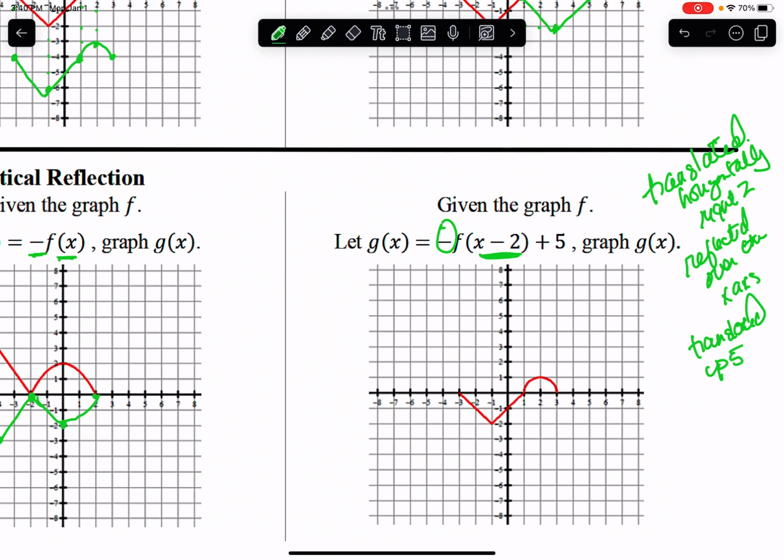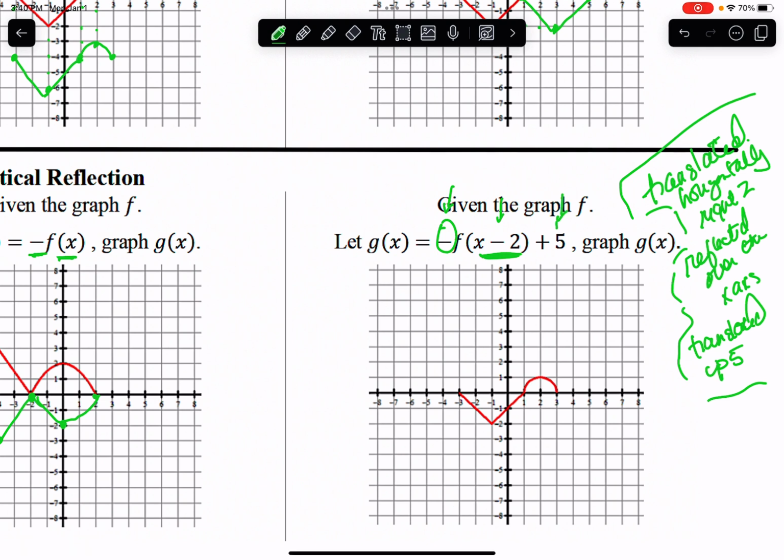Let's make sure that you follow. If it's not specified, sometimes they tell you a different order they want you to do it in. But the order would be order of operations, where the parentheses would be first, then this is a multiplier, and the last thing you do is add 5.